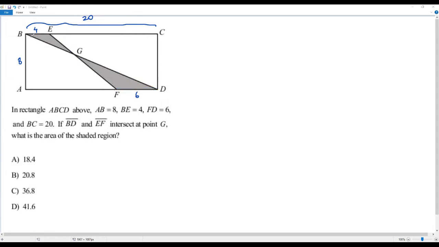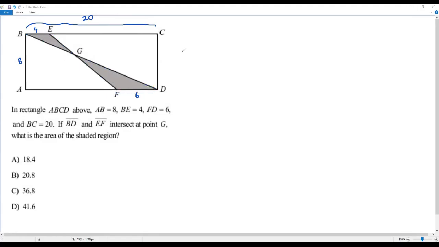And these two triangles have their bases BE and FD on the parallel lines BC and AD. And also these two triangles have the common vertex G opposite to their bases BE and FD. Since these two triangles have their bases on the parallel lines and a common vertex opposite to their bases, we can say these two triangles BGE and DGF are similar.